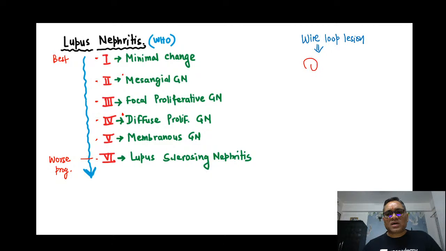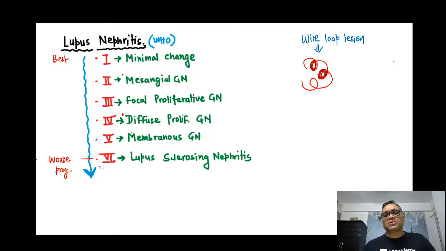See, this is the glomerular capillary which I am showing you by a simple diagram, right? Glomerular capillary will be looking like this. And below the endothelium, remember this, you will see there is an immune complex deposition.